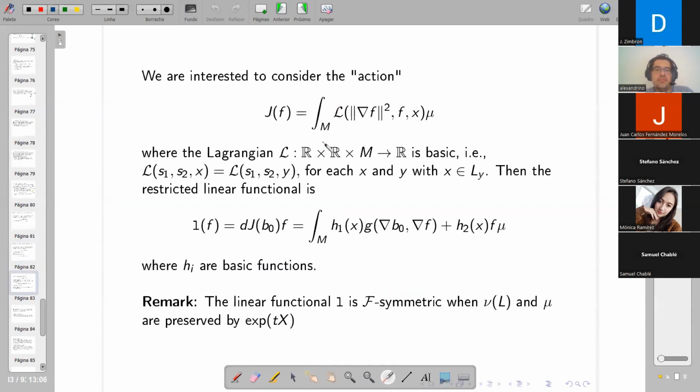Nowadays we are applying this principle to study critical points of variational calculus where this Lagrangian is symmetric, for example for isometric foliations, so we may have the Yamabe problem, P-Laplacian problems, P-Kirchhoff problems. I will not have time to talk about that.